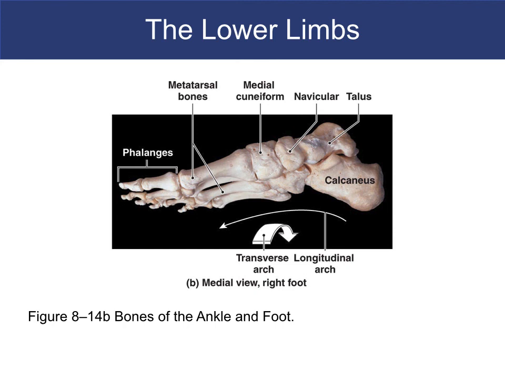So we put about half of our weight back here and about half of it on the heads of the metatarsals up here, and that's why when you stand, you can rock back and forth to keep your balance.